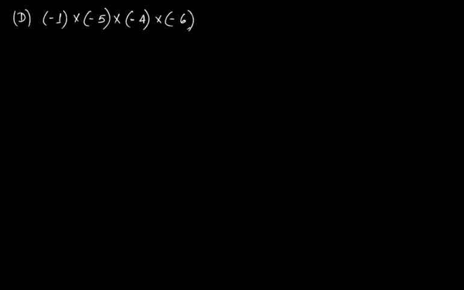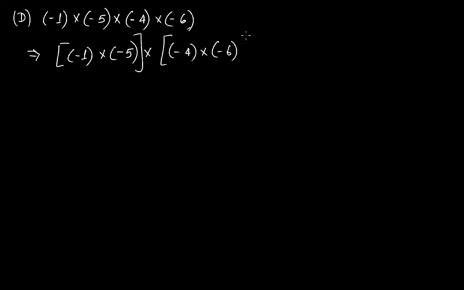Okay, so this is the last one. Here you have 1, 5, 4 and 6. So what can you do? These are very small numbers, like there is no 2-digit or 3-digit numbers in this question. So what you can do is just simply proceed, like group together 1 and 5, so minus 1 and minus 5, and then you group together minus 4 and minus 6.